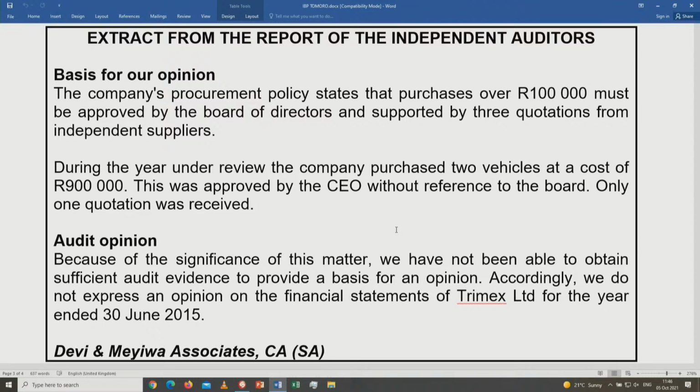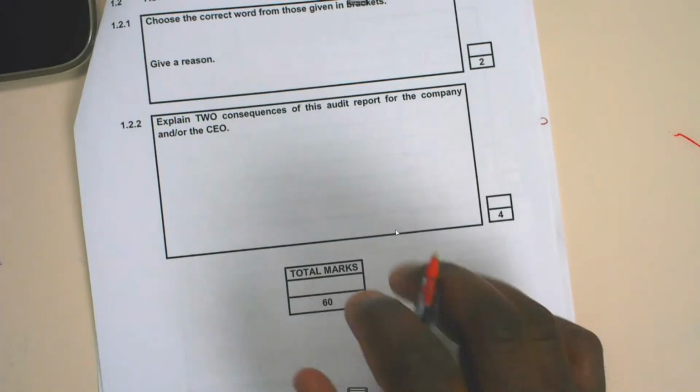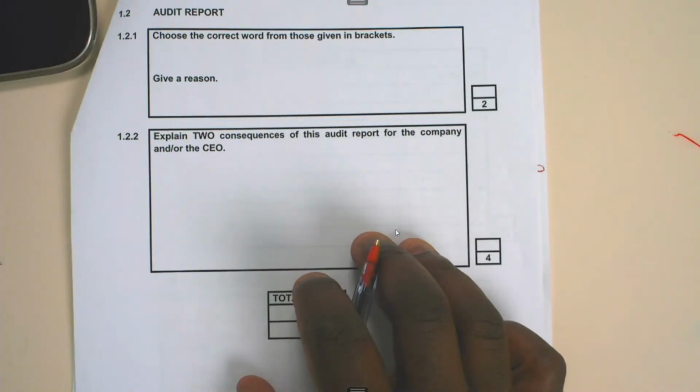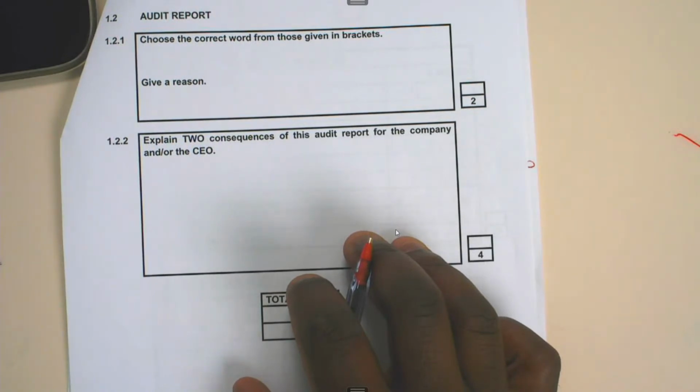Accordingly, we do not express an opinion on the financial statements of Trimex Limited for the year ended 30 June 2015. Now the question says here, we must choose from these 3 types of audit opinions.